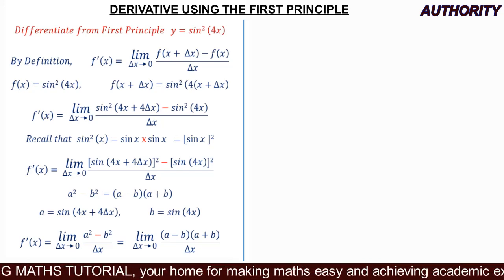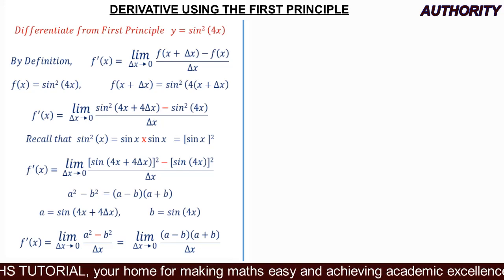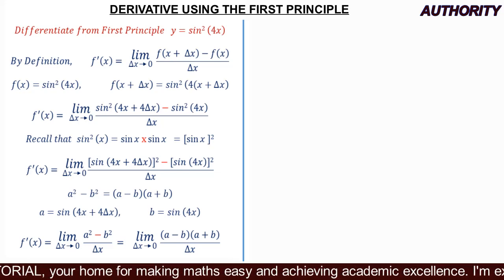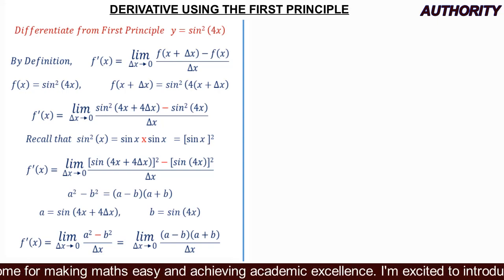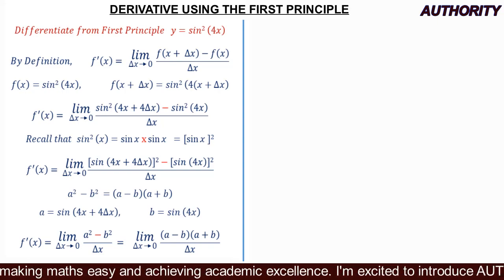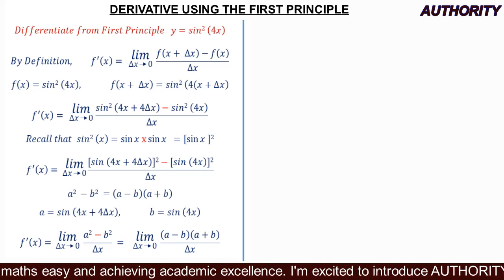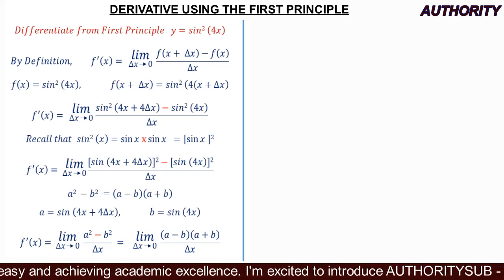Okay, now look at this. Here it's looking simple. I want you to understand what we are trying to do. You see here we have a squared and b squared. We want to remove the square so that it will be simple and linear.